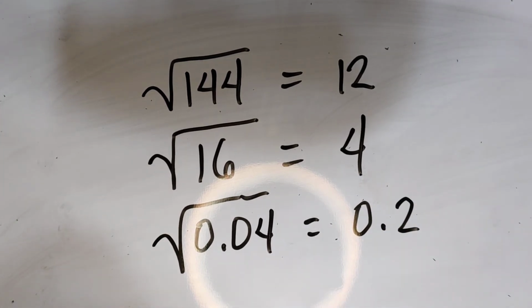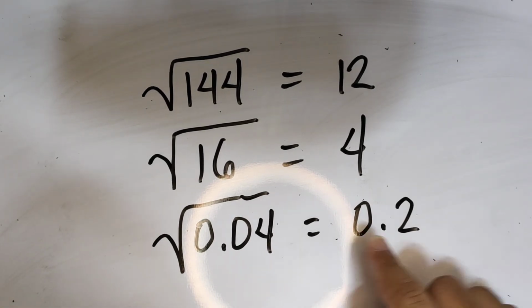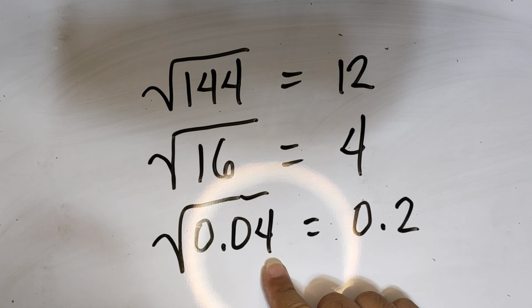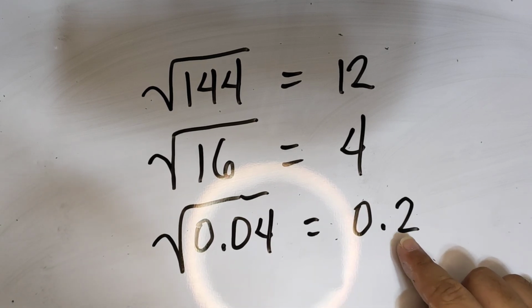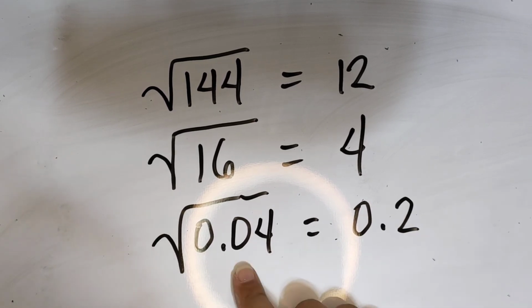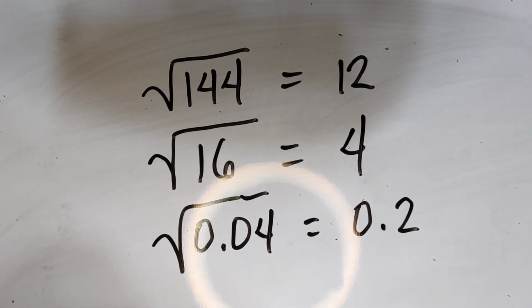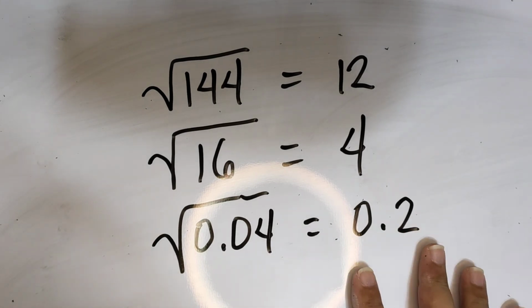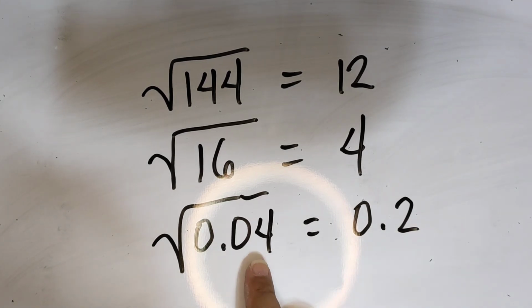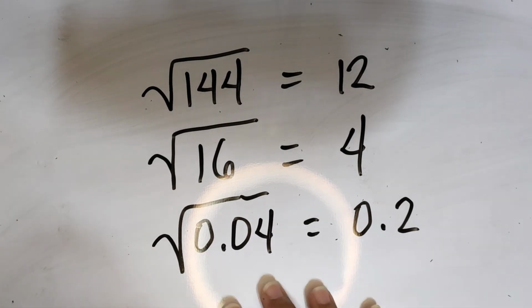So, pwede rin siya sa mga decimal. Okay? Kasi, 2 times 2 is 4. And then, bali magiging dalawang decimal places yon. So, dalawang decimal places dito. So, 0.04 is a perfect square. So, the root of 0.04 is a rational number. Okay? Kasi perfect square siya.